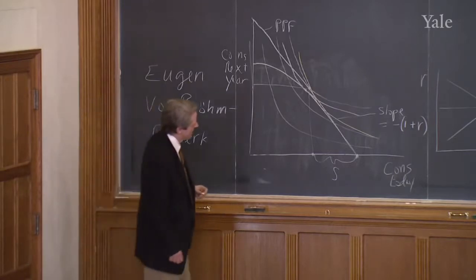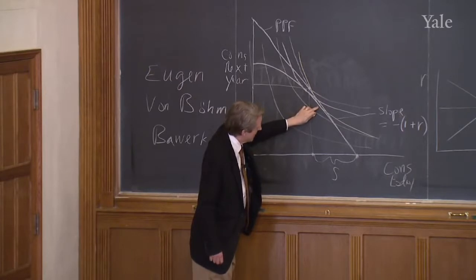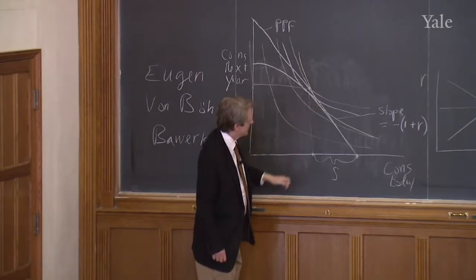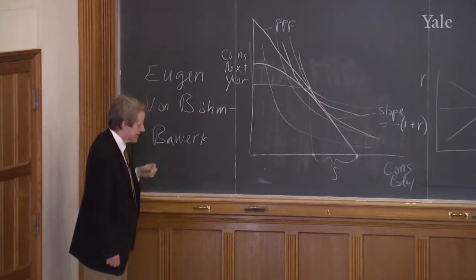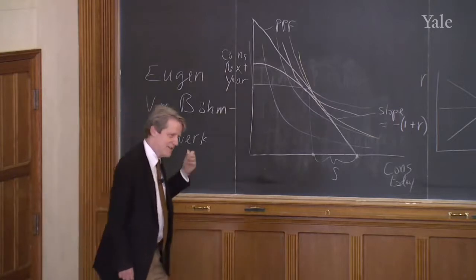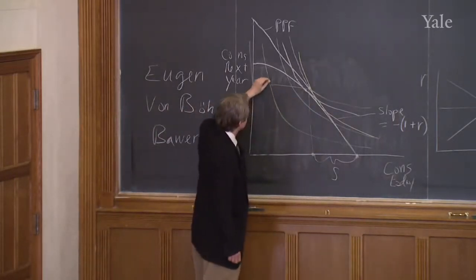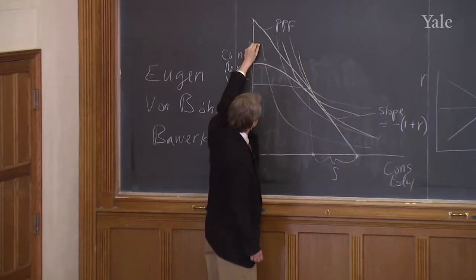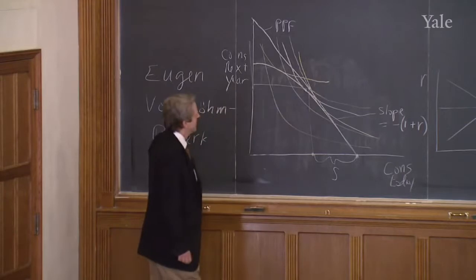And you can see that the actual rate of interest in his economy is determined by the tangency. Now, on the other hand, suppose Robinson Crusoe were very patient and really wants to live for the future. Then the highest indifference curve that touches the production possibility frontier might hit up here, right?